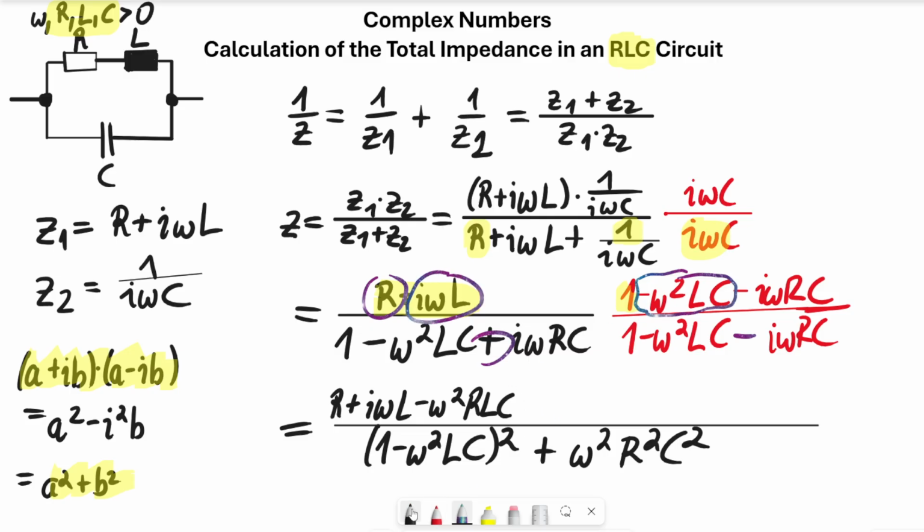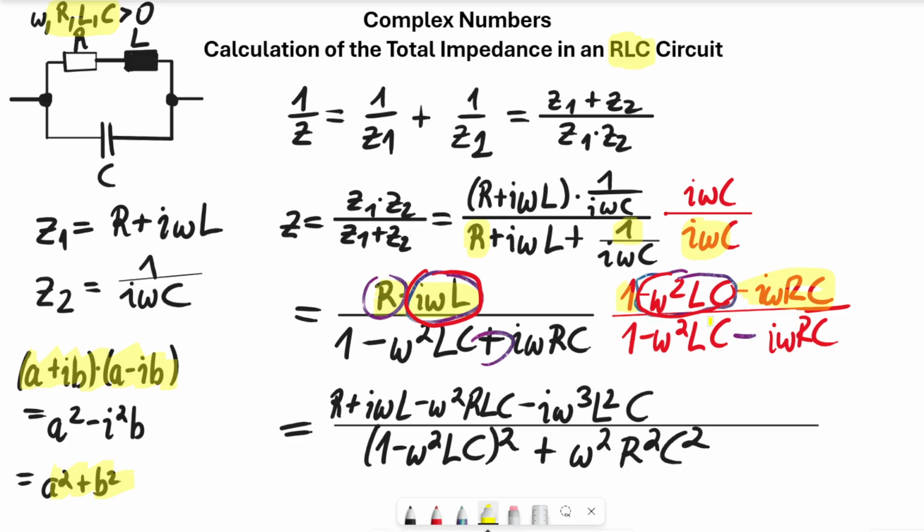So we have here minus I omega cubed L squared C. So what I did is this one times that one. Okay, I'm running out of colors here, but what remains is R plus I omega L with the last one.